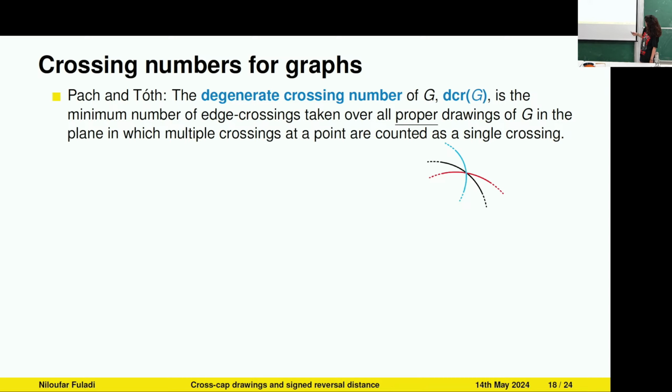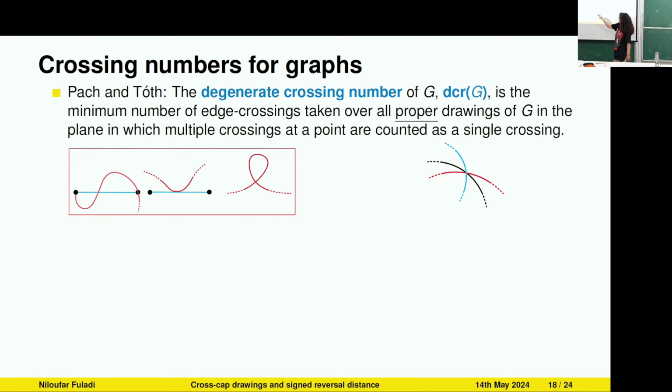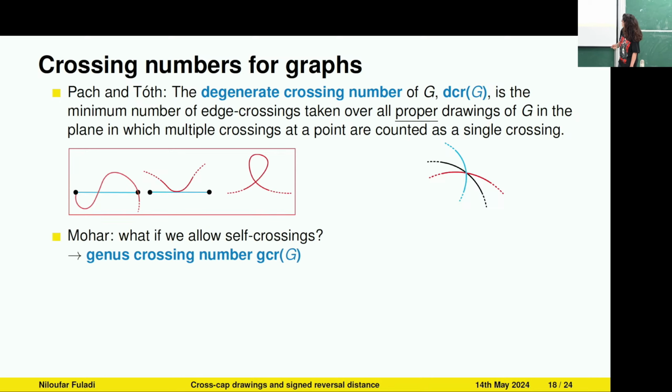So what is proper, I should explain. These kinds of crossings are not allowed. An edge cannot pass through a vertex. Parallel crossings like this are not allowed, and self-crossings also are not allowed. And if three edges are crossing like this, I'm going to count this as one crossing and not pairwise crossings. So they defined this one, and Mohar said, okay, why don't we allow self-crossings?